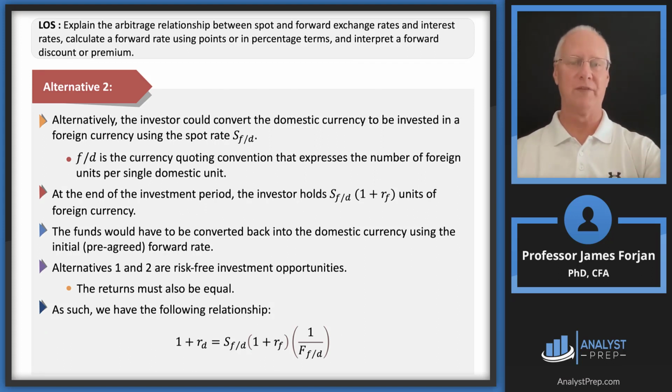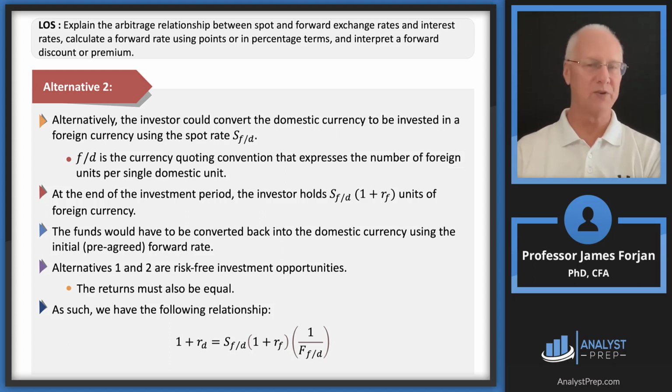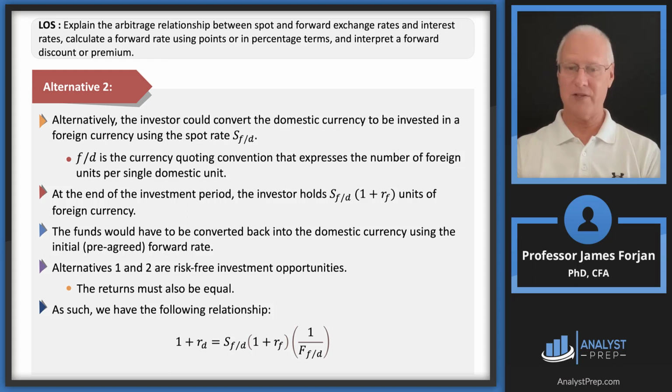Now, here's the alternative too. This is exactly the equation at the bottom that forces an equilibrium between my first effort and my second effort. First effort was just in the US, my second effort. So notice what we're saying here, that 1 plus the interest rate down at the bottom on the left-hand side of the equal sign must equal the, now are you ready for this? Must equal the spot rate. So what did I do?